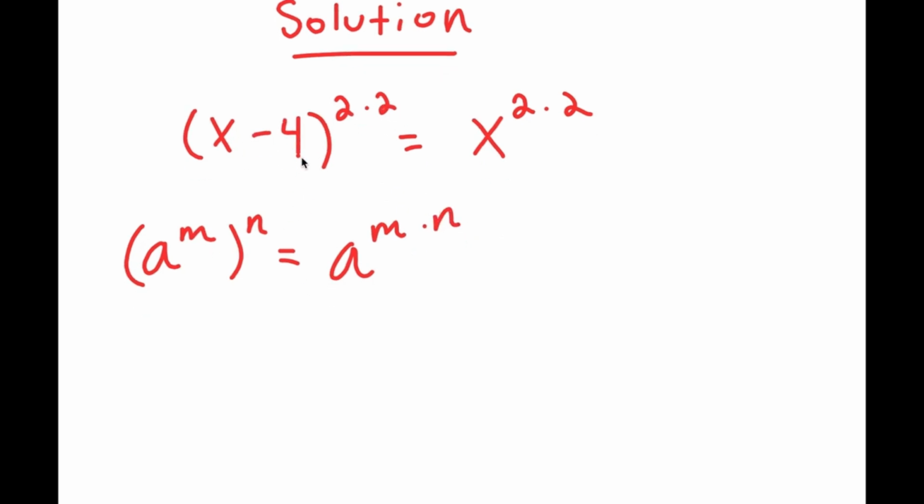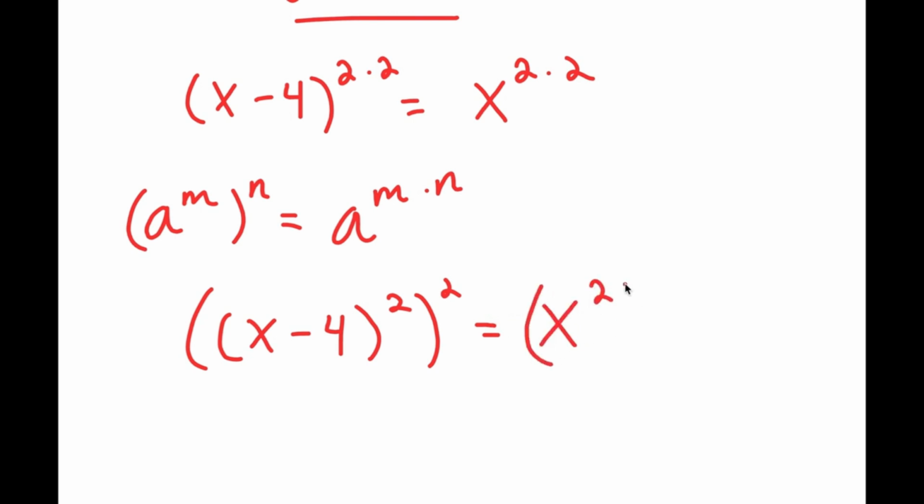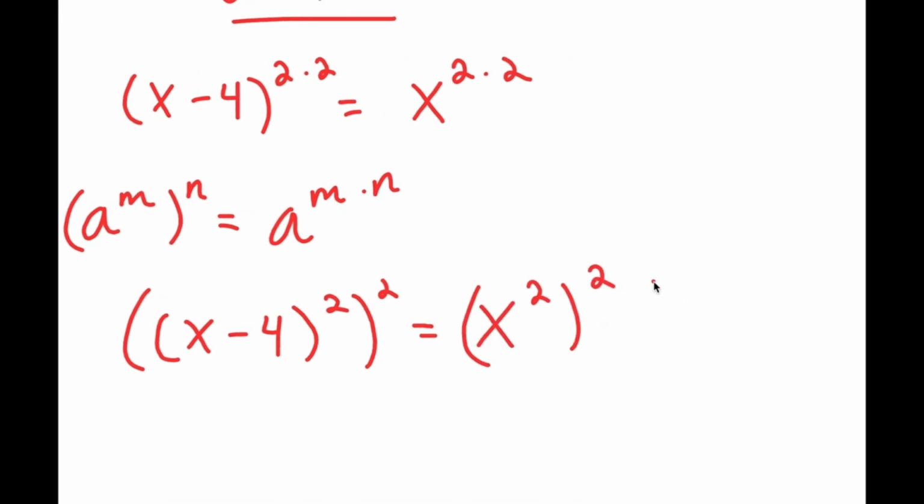So using this property, I can rewrite (x - 4)^(2 times 2) as ((x - 4)^2)^2, and I can rewrite x^(2 times 2) as (x^2)^2.